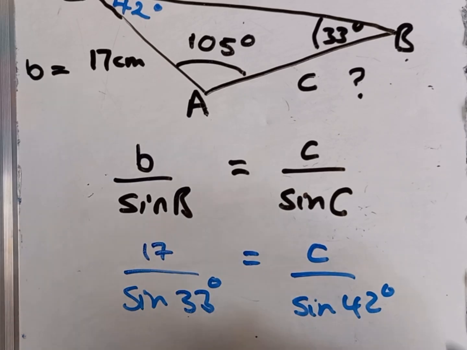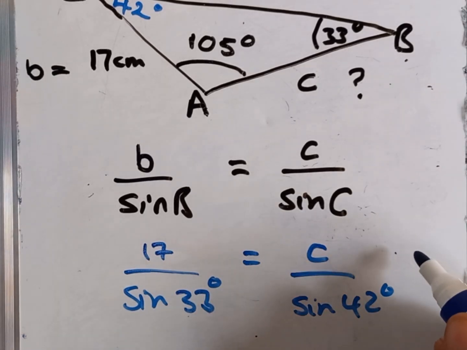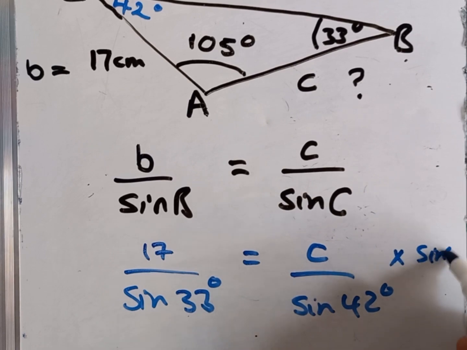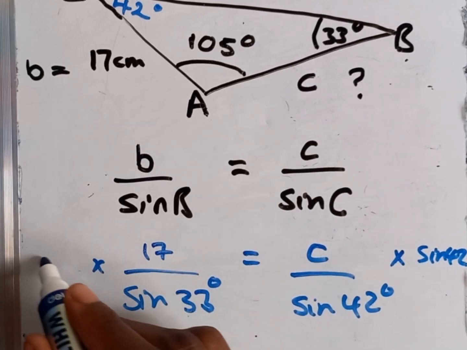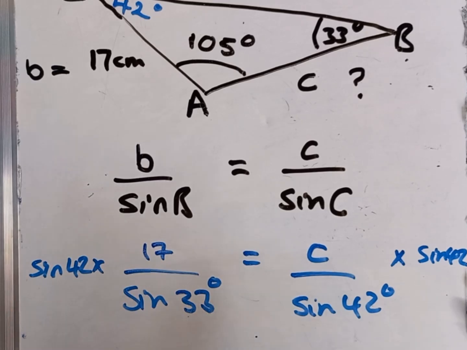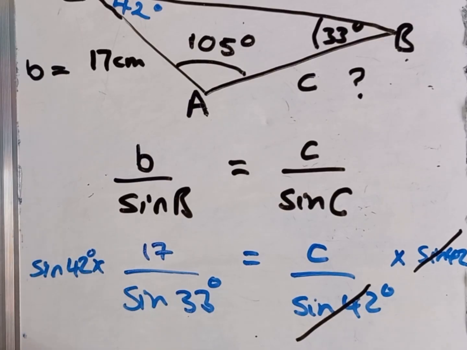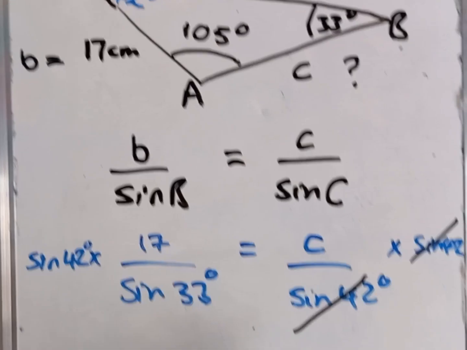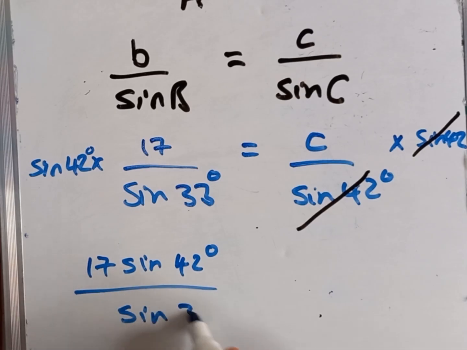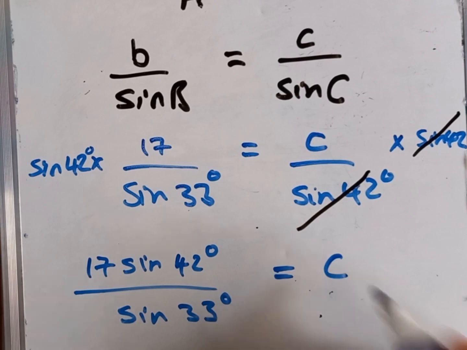You can either cross multiply or multiply both sides. I choose to multiply both sides by sine 42. So the sine 42 cancels on the right side, and we get 17 sine 42 degrees over sine 33 degrees is equal to c.